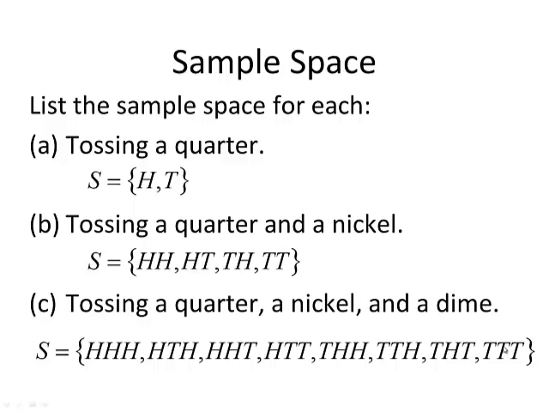You might think that I duplicated some, but each one of these is unique if you look carefully. So this is a sample space. Each one of these individually is an event. I said element, I meant event.